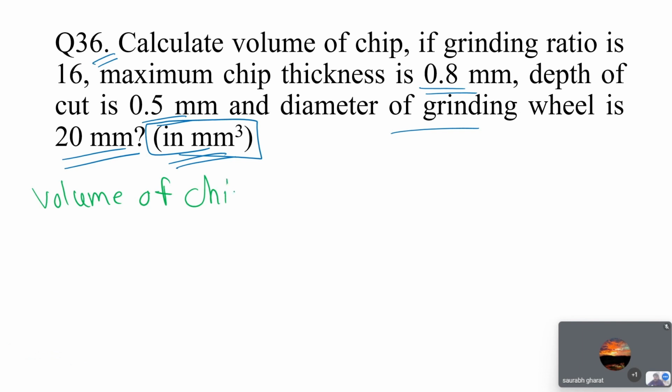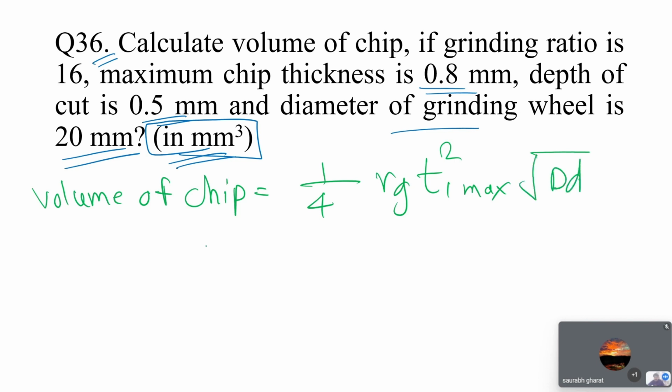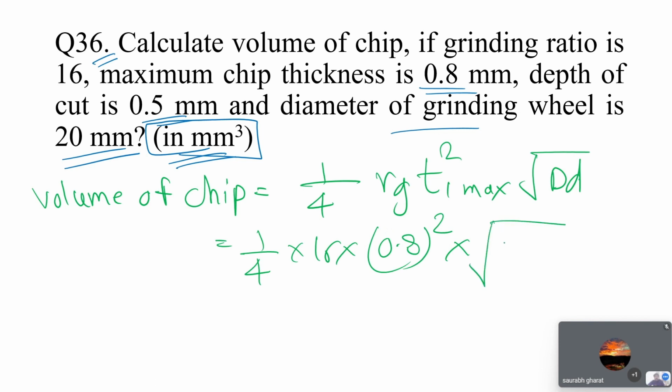Volume of chip is 1 by 4 Rg T1 square max into 3 by T. So we have everything. We have Rg which is 60, T1 max which is 0.8. We are putting in millimeters, so that is not a problem. Into D, the grinding wheel diameter, so 20, and your depth of cut 0.5.